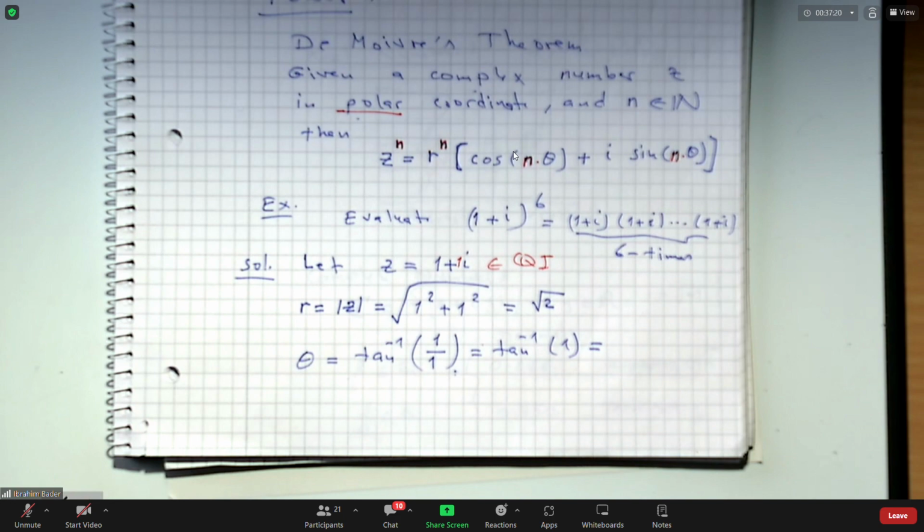I hope that everyone can evaluate this using a calculator. And you need to be careful here with the scaling of your calculator, whether it's using the radian or the degrees scale. So who's going to tell me what you get here? What is theta?